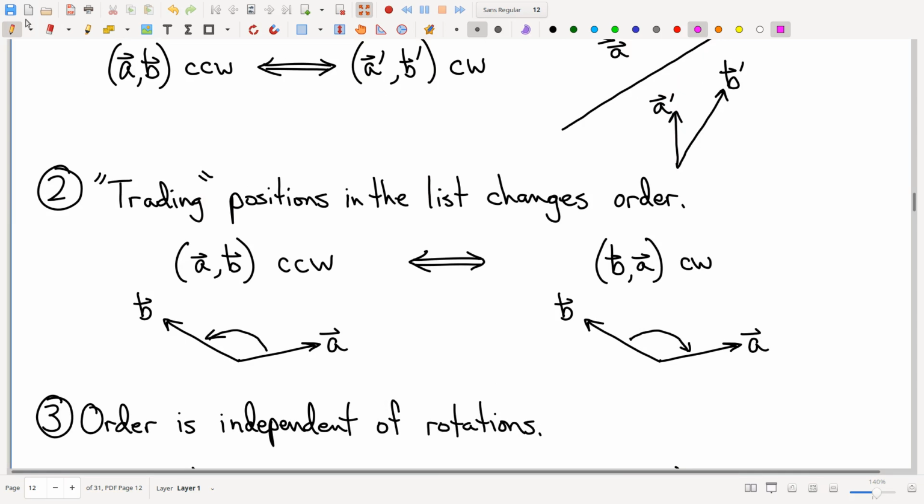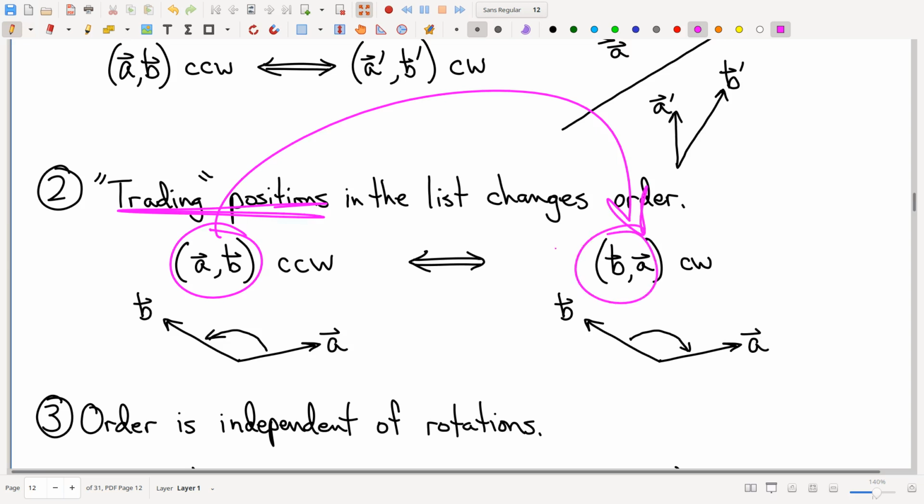What I mean by changing the order is if you have a list that's counterclockwise, and you trade positions by taking what had been the first and making it the second, and taking what had been the second and making it the first, that will turn counterclockwise into clockwise. So this property only applies to counterclockwise, clockwise? Yeah, that's right. Dependence stays as dependence. Everybody happy?